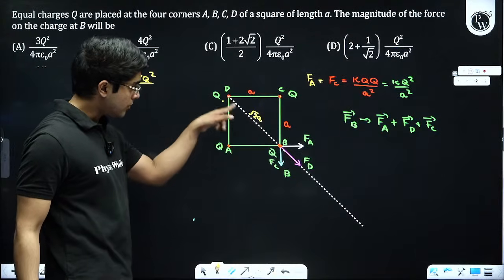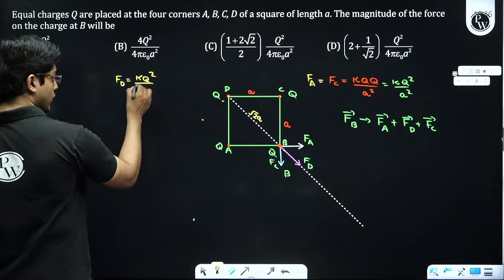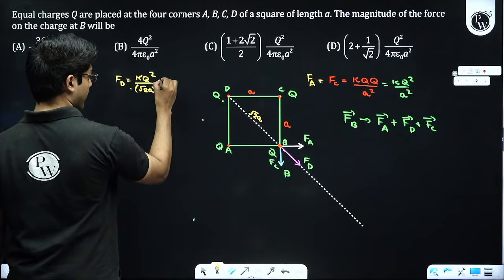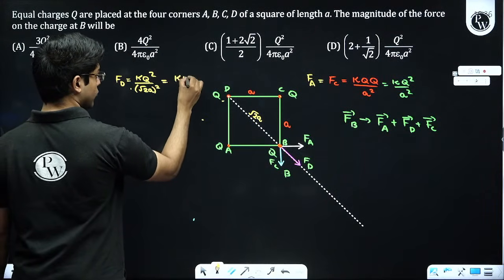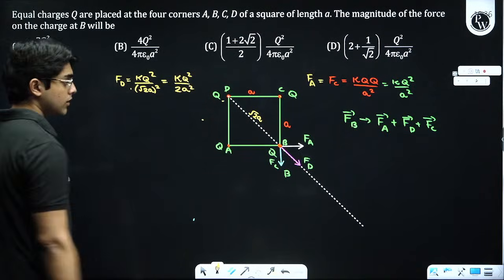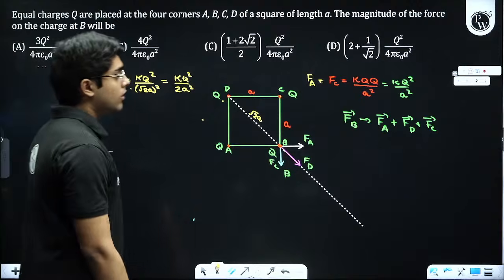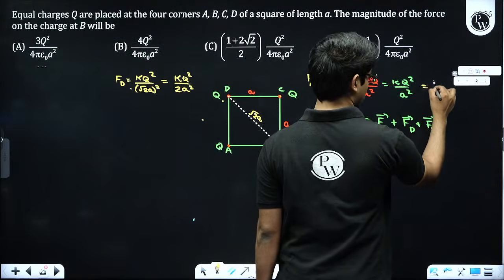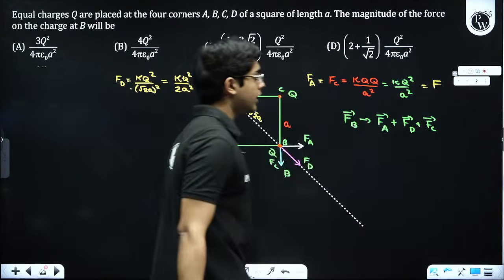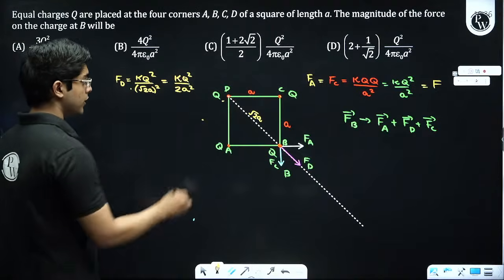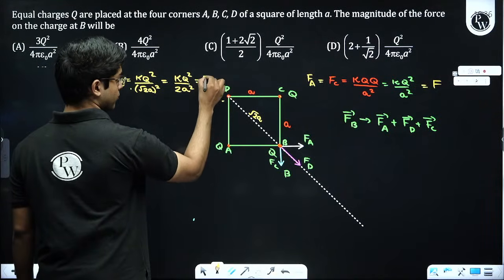So the new distance is root 2a the whole square, which will be KQ square by 2a square. So we can write KQ square by a square as some constant. Let's call it f. Then this is f by 2.